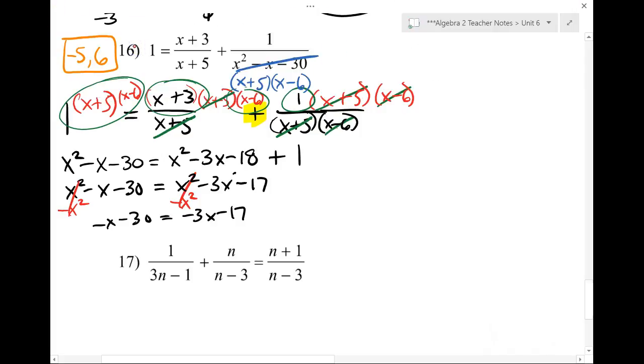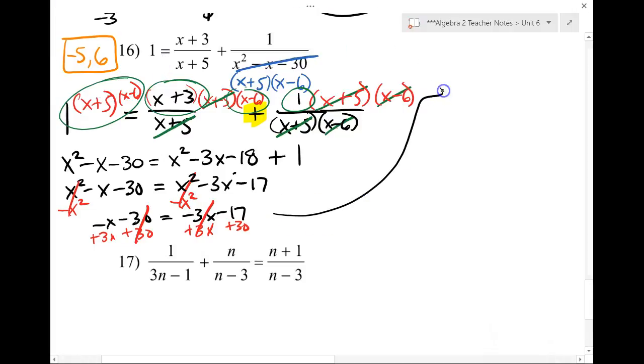Now, I want x on the left and my numbers on the right. So that means I need to add 30 here and then add 3x here. So add 3x here and add 30 over here as well. Those cancel out and then add up the rest.